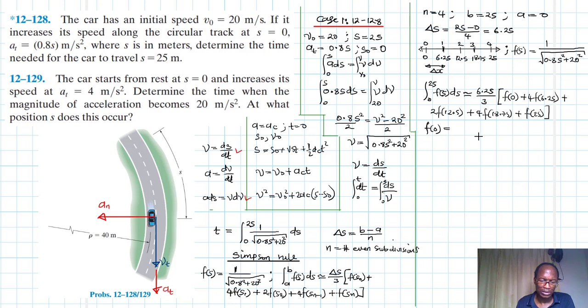All right, is that okay? It is. So this gives us 0.05 for f of 0. For f of 6.25, we have 0.04815. Then f of 12.5 gives 0.04364.